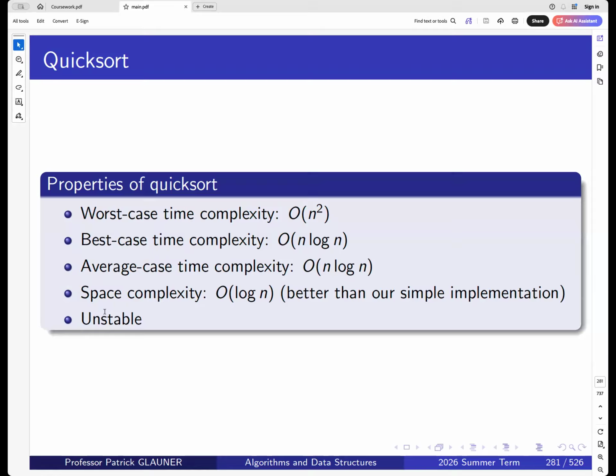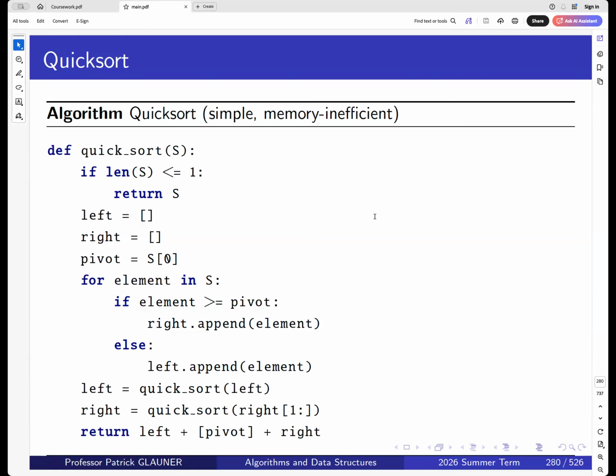And at least the initial implementation of quicksort is unstable. That's a problem. A good quicksort would have a space complexity, for example, of O of log n, but that's much better than our simple implementation. So this one here is actually quite inefficient.